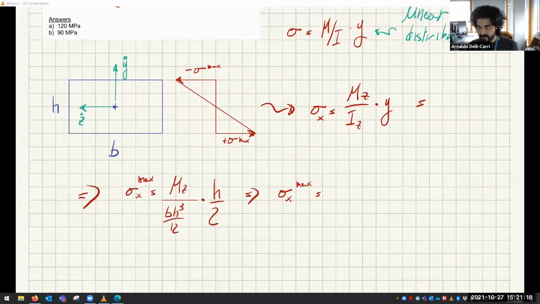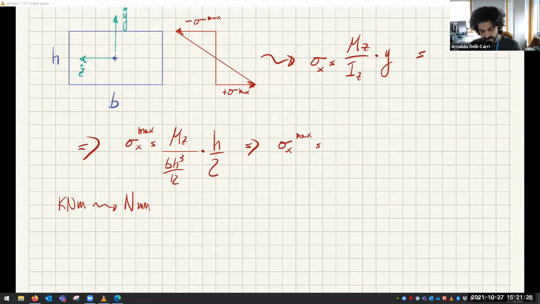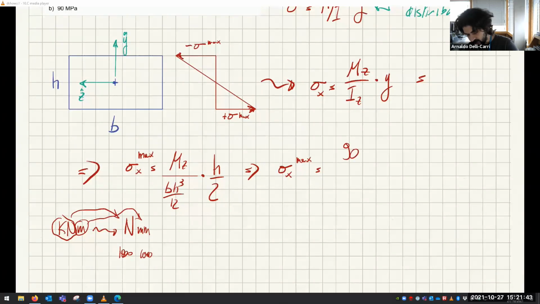From kilonewton meters to Newton millimeters, I have to transform this one into newtons first. So this is 1000. And this meters into millimeters, so it's 1000 again. So I have to multiply everything times 10 to the power of 6. So it's 90 times 10 to the power of 6, and this is Newton millimeters.